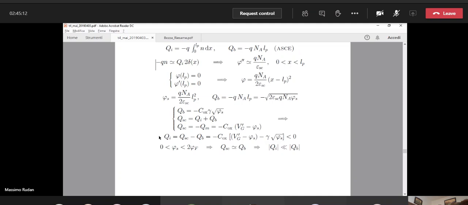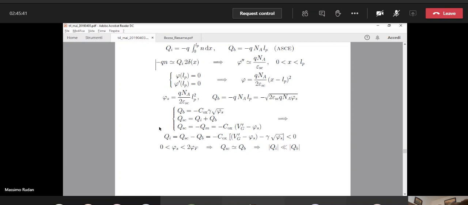If we wanted to calculate phi s and all the other things, we should take the general solution of the Poisson equation that we found earlier, okay? But this expression is fundamental because it is the fundamental relation that is then applied, as we shall see very soon, in the calculation of the current of the MOS transistor. So this is very important.